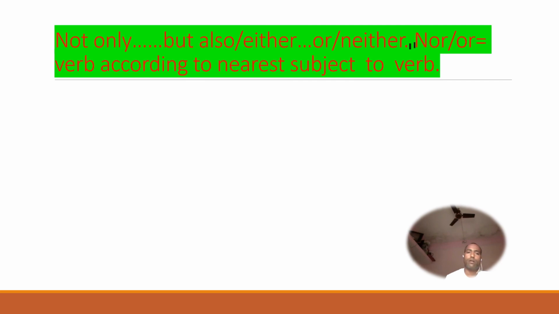If two or more than two subjects are joined with these connectors, then we have to use the verb according to the nearest subject. Be careful, okay? It means whichever subject is near to the verb, we have to use the verb according to that.